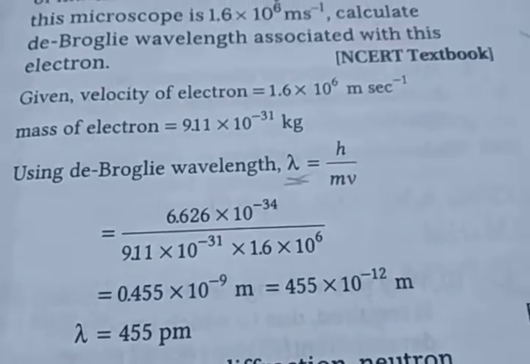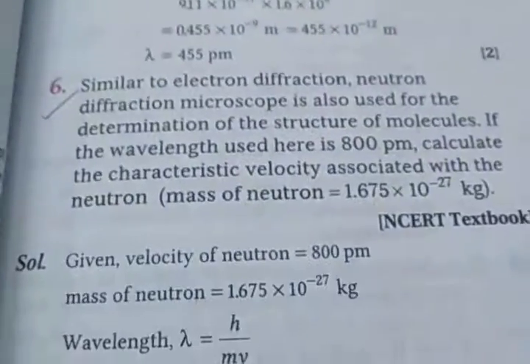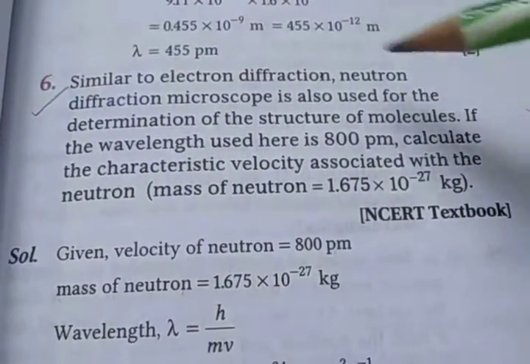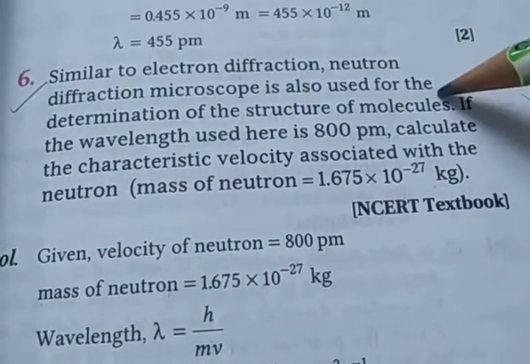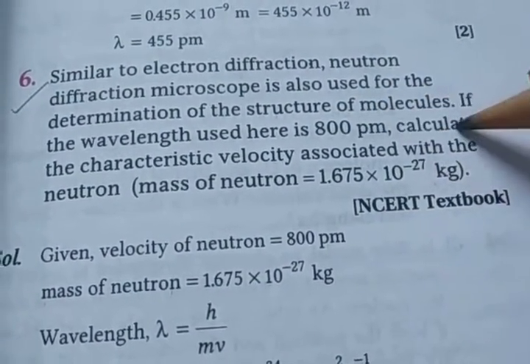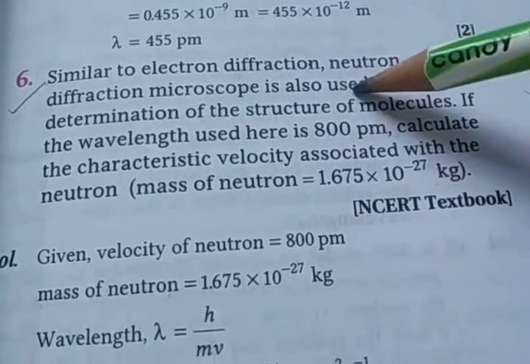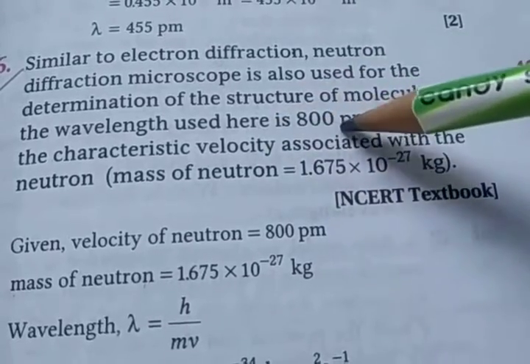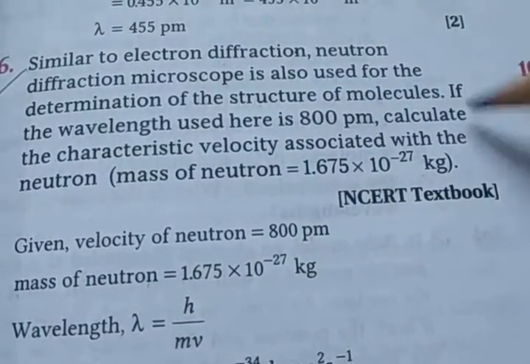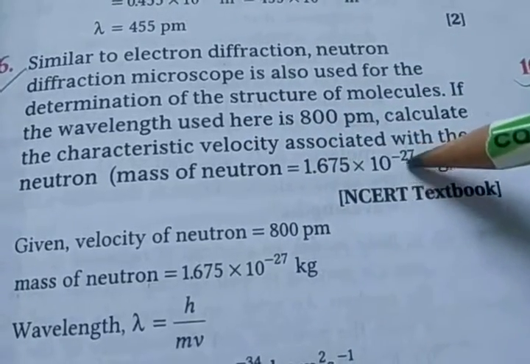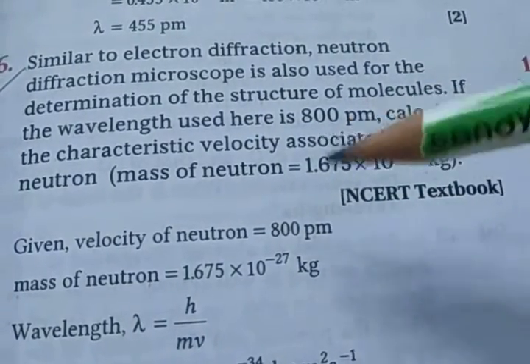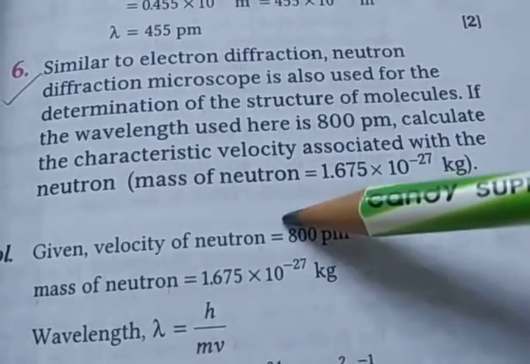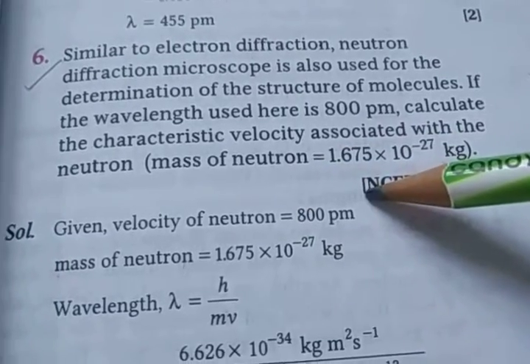Okay, next question is, similar to electron diffraction, a neutron diffraction microscope is also used for the determination of the structure of molecules. If the wavelength used here is 800 picometer, calculate the characteristic velocity associated with the neutron. The mass of the neutron is given, and the wavelength of 800 picometer is given.